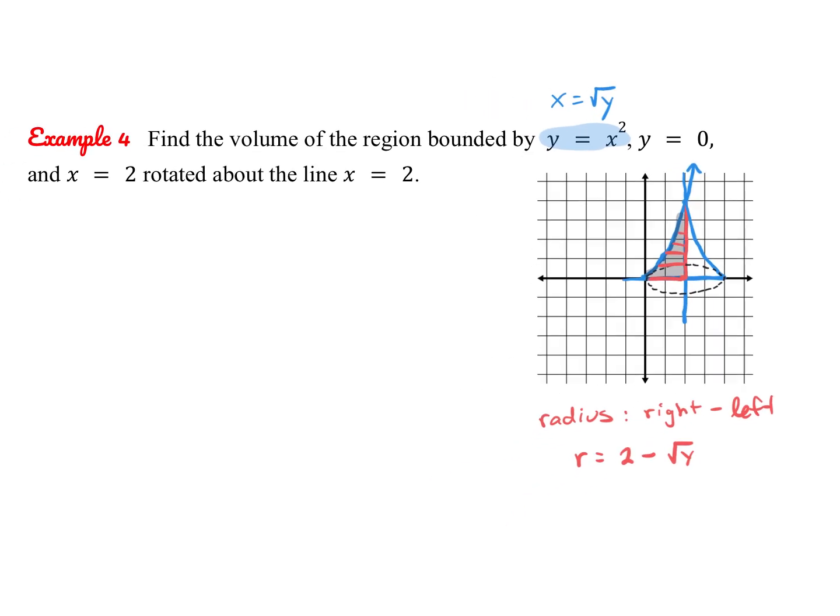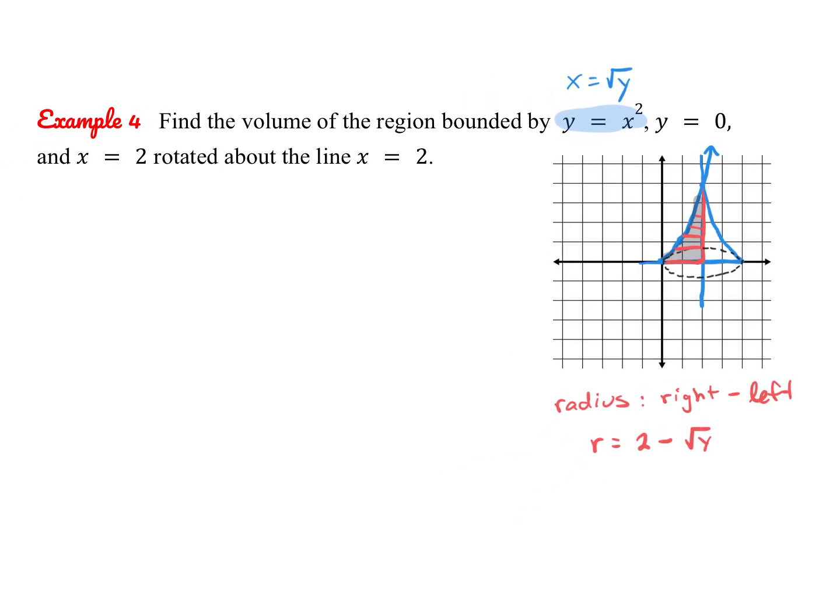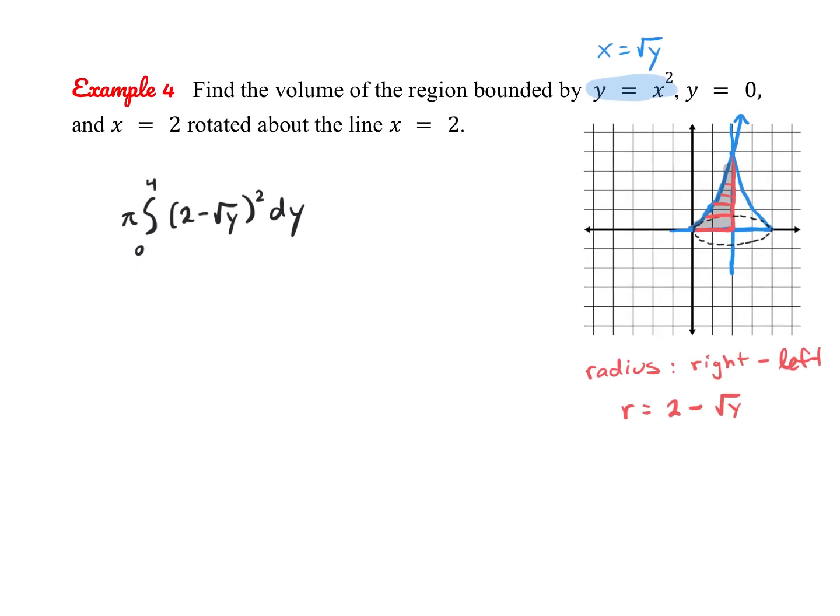So now that we know how to describe our radius, we can set up our integral. So we can see, again, we're integrating with respect to y because our disks are stacking up vertically. So we're going from 0 up to 4, and I'm just going to pull my pi right out front because I know it's pi r squared. Here's my radius squared, again with respect to y, so dy.